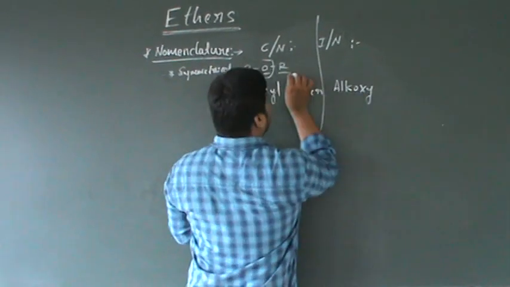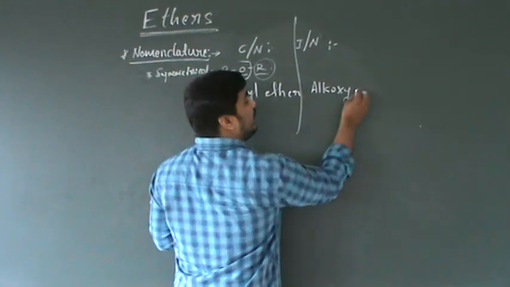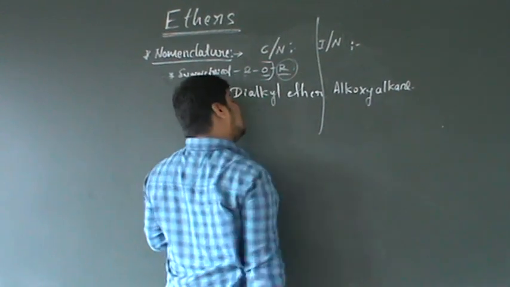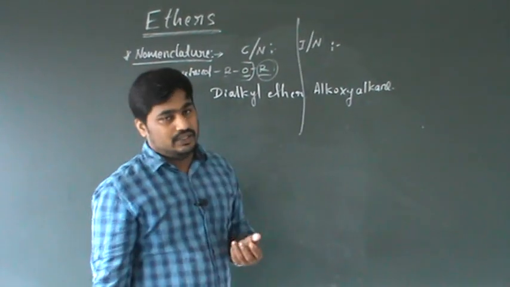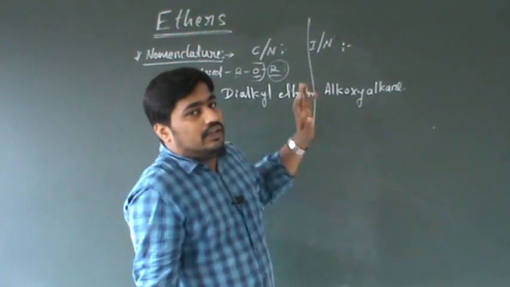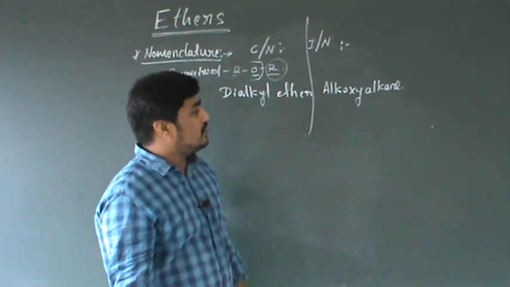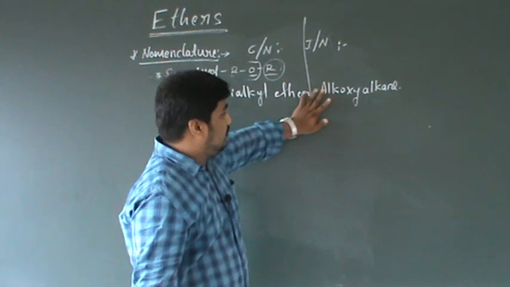Next, the other part is alkane. Alkoxy alkane. Under the common naming system, di-alkyl ether. Under the IUPAC system, alkoxy alkane.